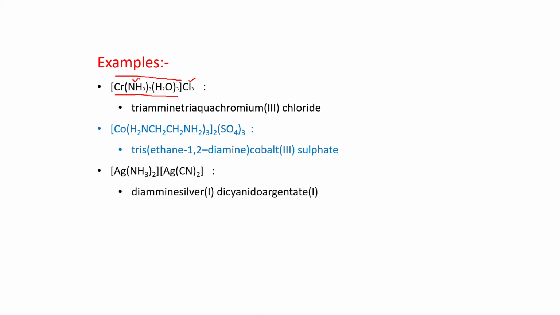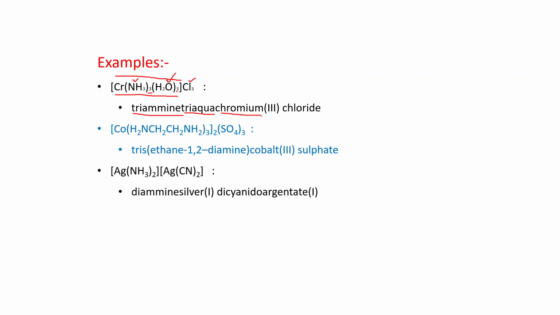That's why this is NH3, which is coming 3 times, we use the word triammine. This is water, again coming 3 times, that's why we'll write triaqua. Then the name of the metal, chromium. Then we will write the oxidation state.